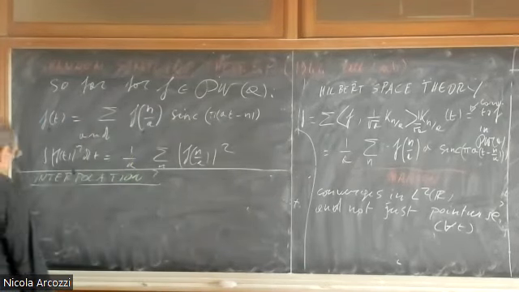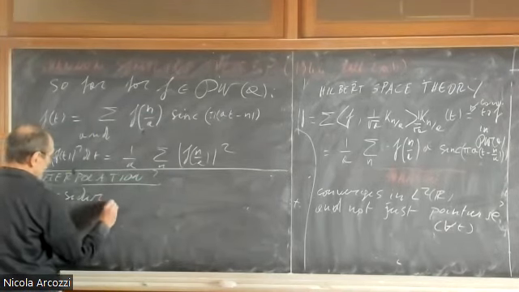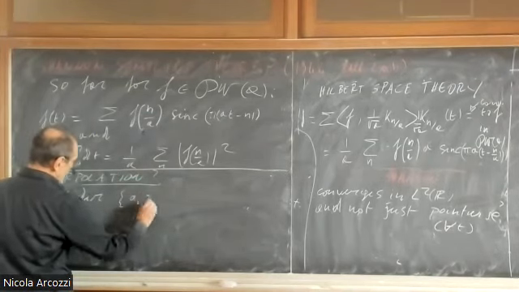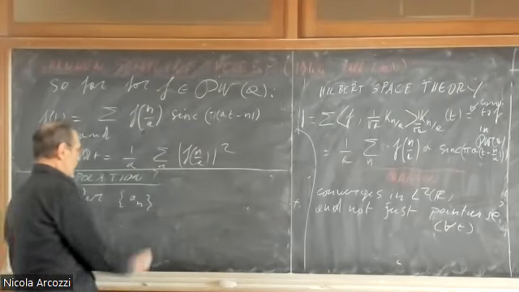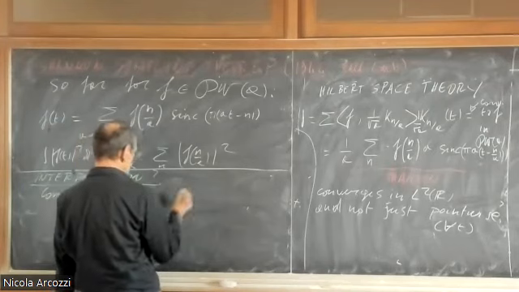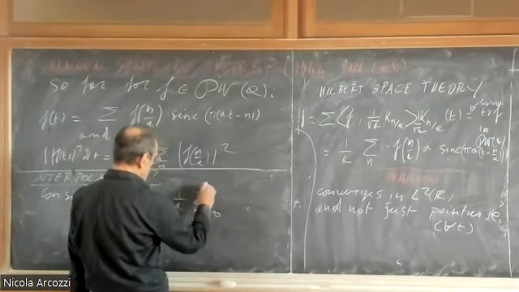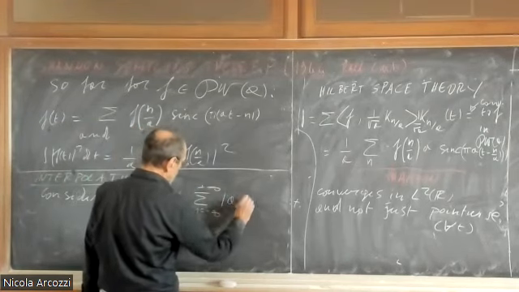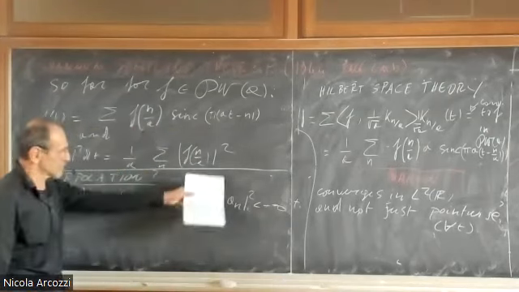So consider the sequence a n, which I think of like this one, well normalized, of course a square summable sequence.